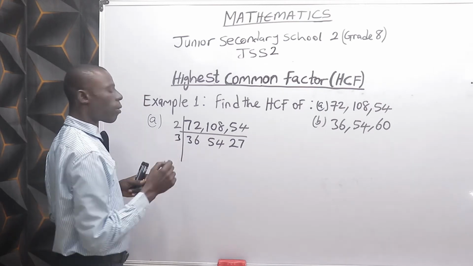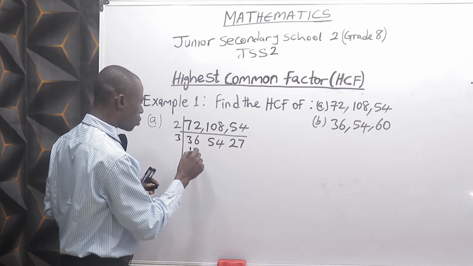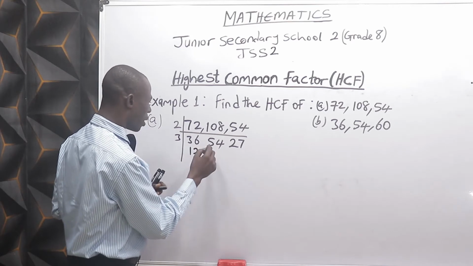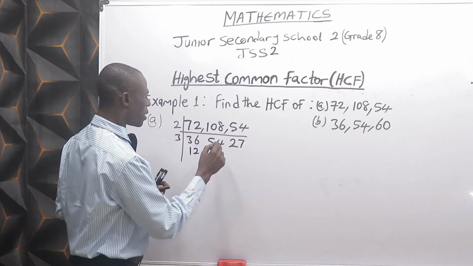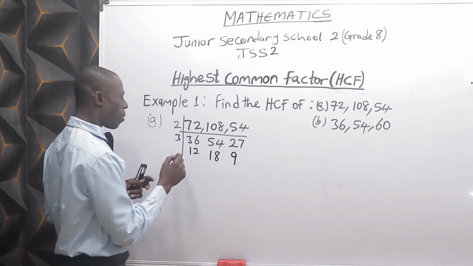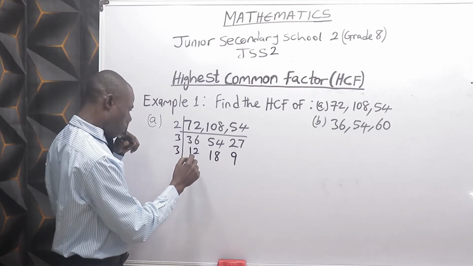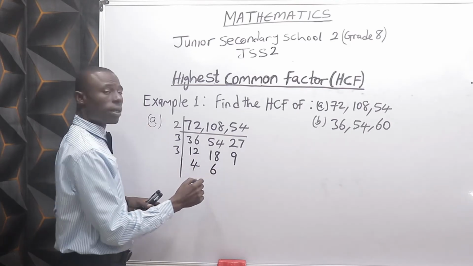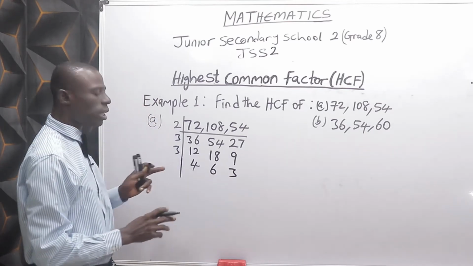Now, let's go for 3. 3 divides 36, 1, 2. 3 divides 54. 3 in 5 is 1, in 24 is 8. 3 in 27, that's 9. 3 goes again in all. 3 in 12, that's 4. 3 in 18, that's 6. 3 in 9, 3.